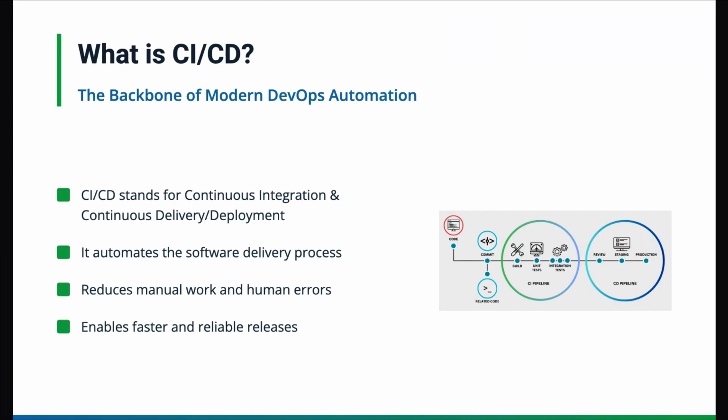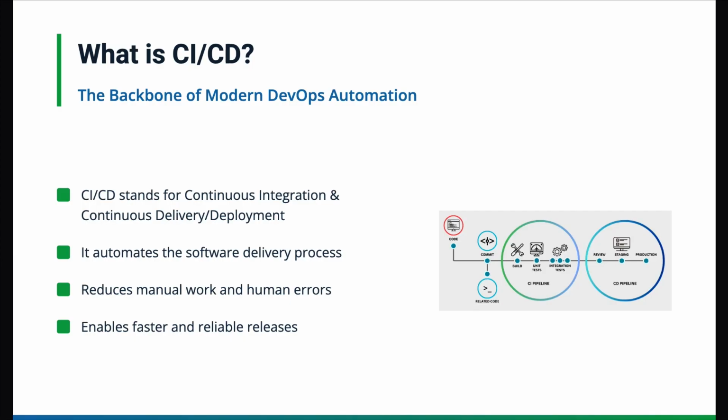CI/CD stands for continuous integration, continuous delivery, or continuous deployment. In simple words, CI/CD is a way to automate the process of building, testing, and deploying software instead of doing everything manually. We let machines handle repetitive tasks. Whenever a developer pushes code, the CI/CD pipeline automatically runs builds, tests, and deployments.